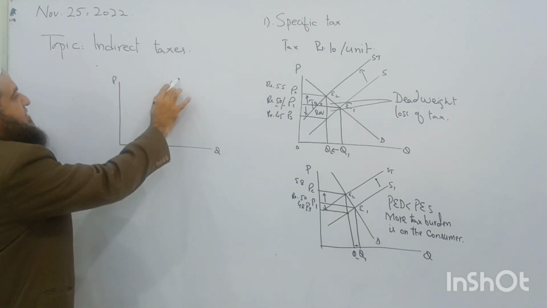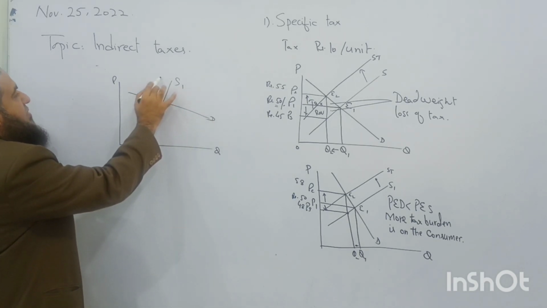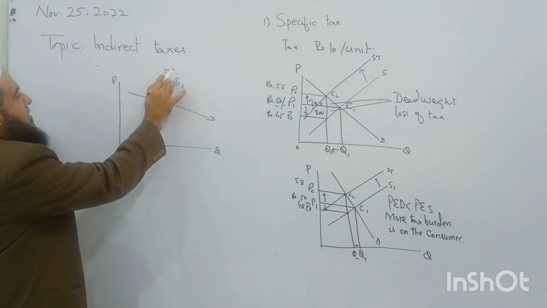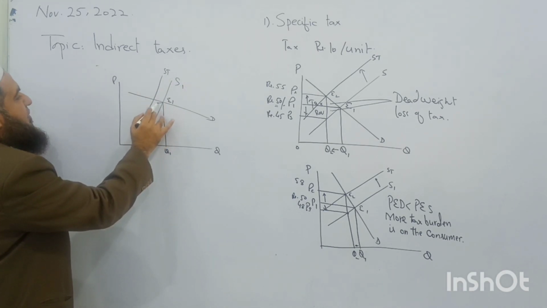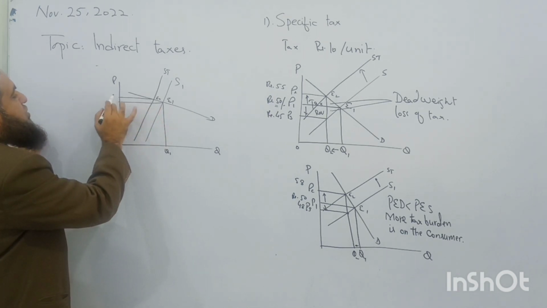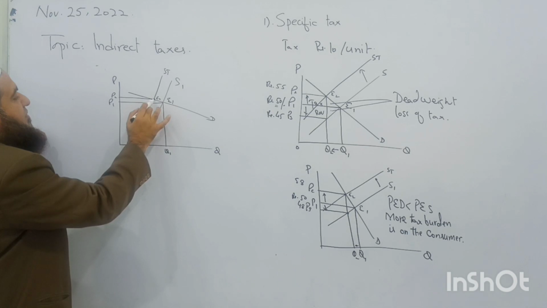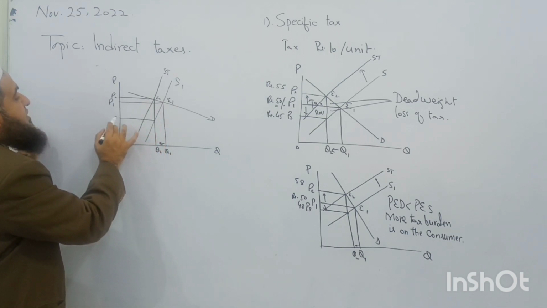Now see, supply is inelastic and demand is going to be elastic. Now the tax is imposed. Before tax, this is the market equilibrium. Now after tax, consumer will pay this price, whereas the seller will receive this price.